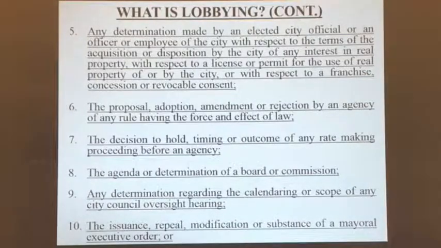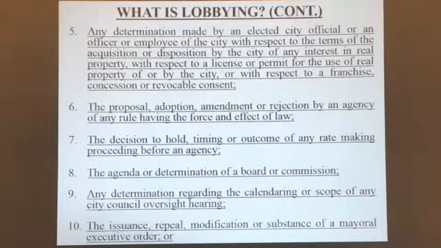However, it deals specifically with things such as leases, license, permits, franchises, concessions, or revocable consent. In this instance, if you attempt to influence any government official, so it doesn't necessarily have to be the mayor or the city council member or the city planning commission, any government official with respect to any determinations made with respect to these items, it would fall under number 5.